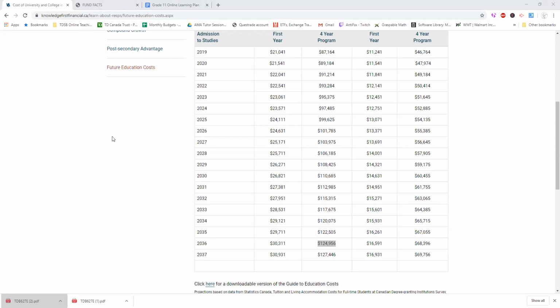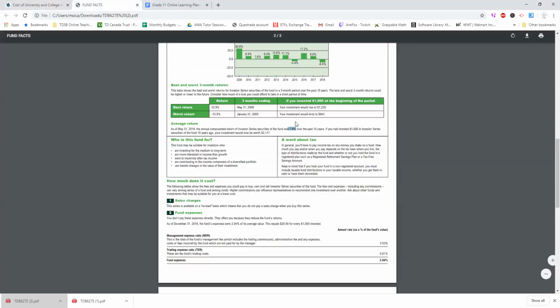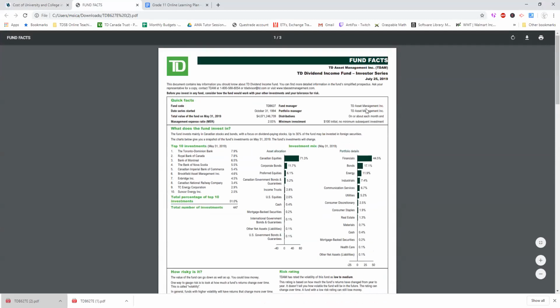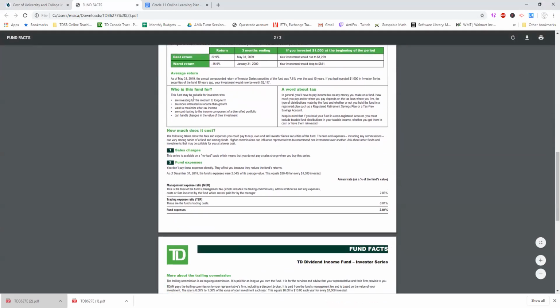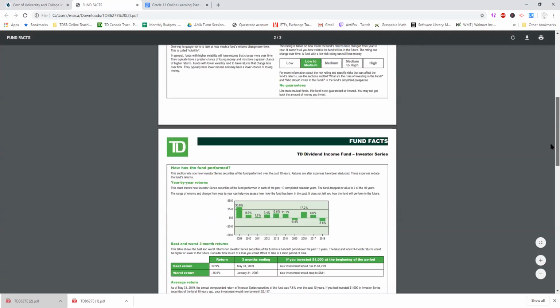So what do I do? Well, I started a registered education savings plan. This is one of the two things that I invested in. This is a product that TD Bank provides.